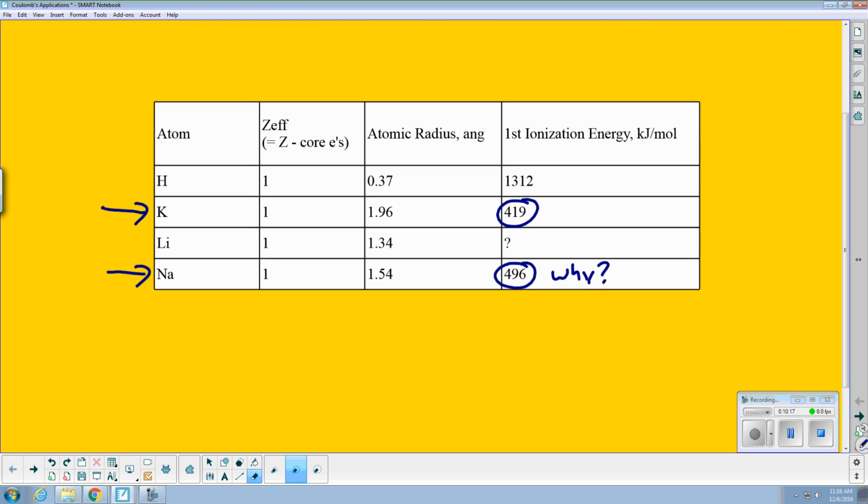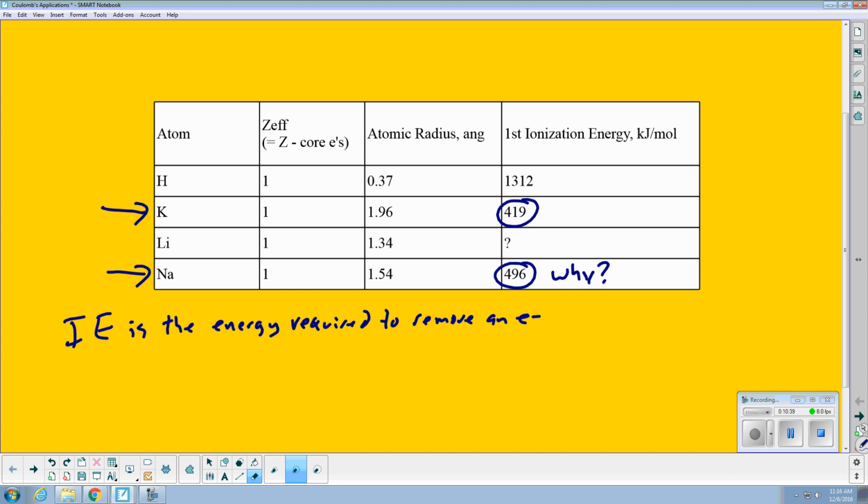Well, what is ionization energy? Ionization energy is the energy required to remove an electron from an element in its gaseous state.